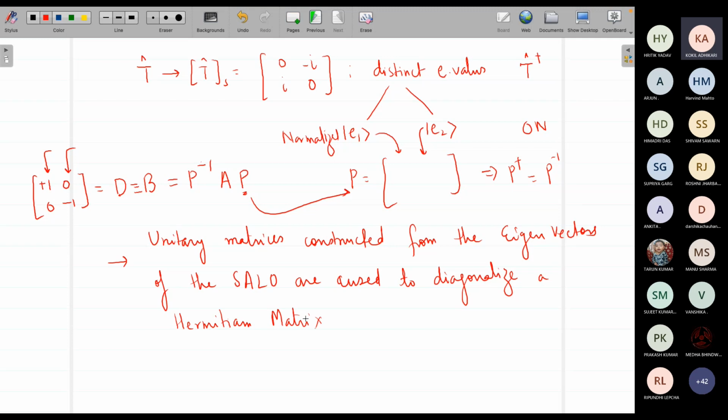Now, this also answers one very important question. Are these matrices always diagonalizable? Is it always possible to find a basis in which you can write down the operator in the eigenvalue equation form? Or simply put, are you always able to find an eigenbasis for a linear operator?